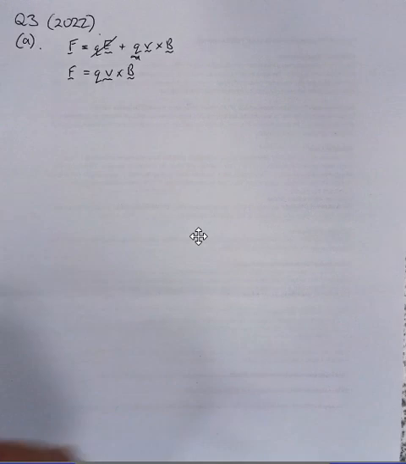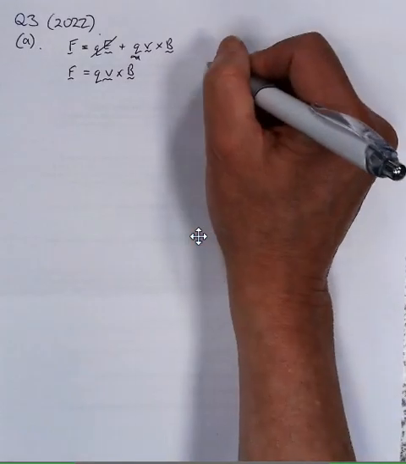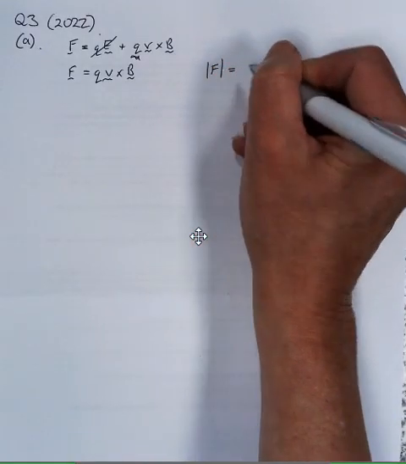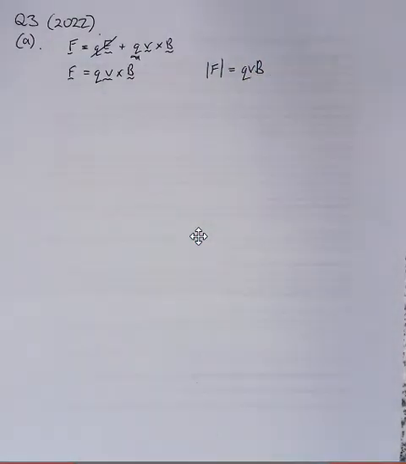Now we're told that the magnetic field is at right angles to the velocity of the particle. As a result, we know that v cross B is going to have the magnitude of just vB. And because they're at right angles to each other, the force is going to be at right angles to both v and B. So the modulus of F equals qvB, and the direction is perpendicular to v.